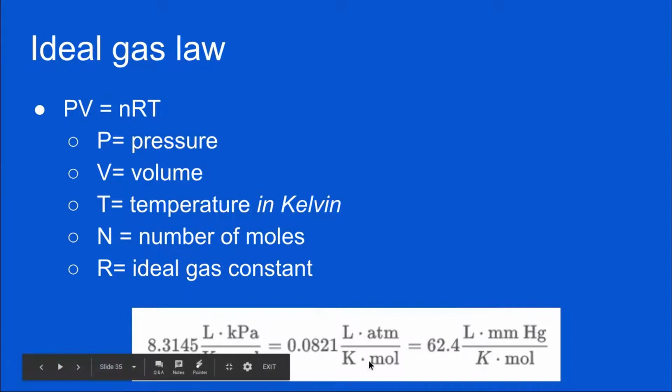And the most common one we'll be seeing is this one in the center, 0.0821, because this measures my pressure in atmospheres. But just know that if you get a problem thrown your way and it asks for the pressure in kilopascals, then you would use this number, 8.3145. Or if the pressure is in millimeters of mercury, then the number is 62.4. Just know that these are all worth the same, and they only look different because you're using different pressures.